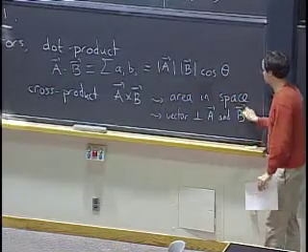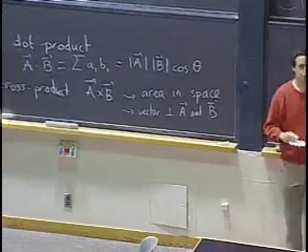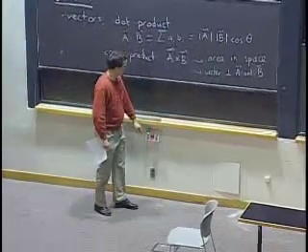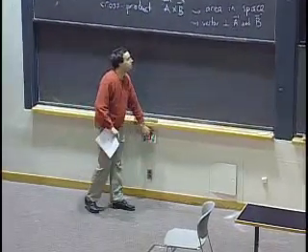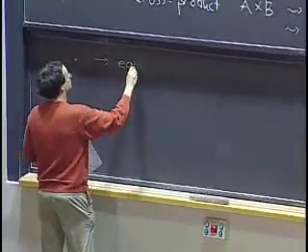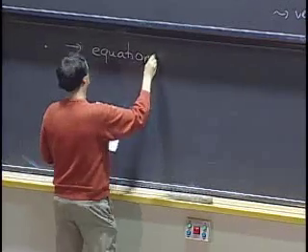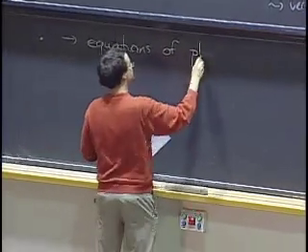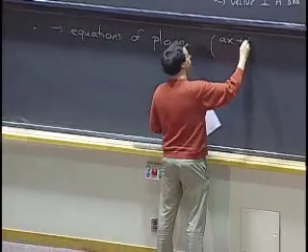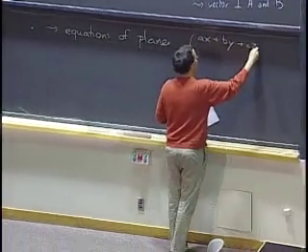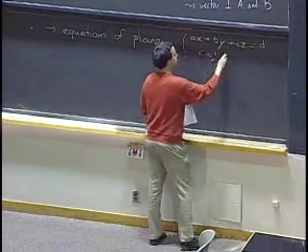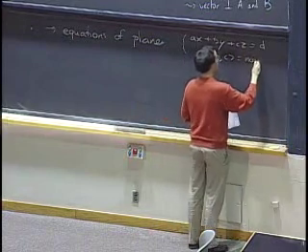And so in particular, that comes in handy when we are looking for the equation of a plane. So the next topic would be equations of planes. And we've seen that when you put the equation of a plane in the form ax plus by plus cz equals d, well, (a, b, c) in there is actually the normal vector to the plane.